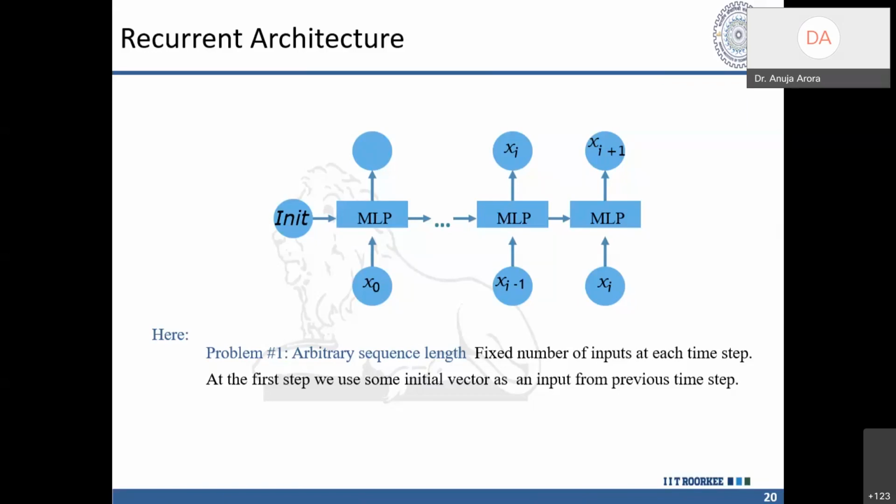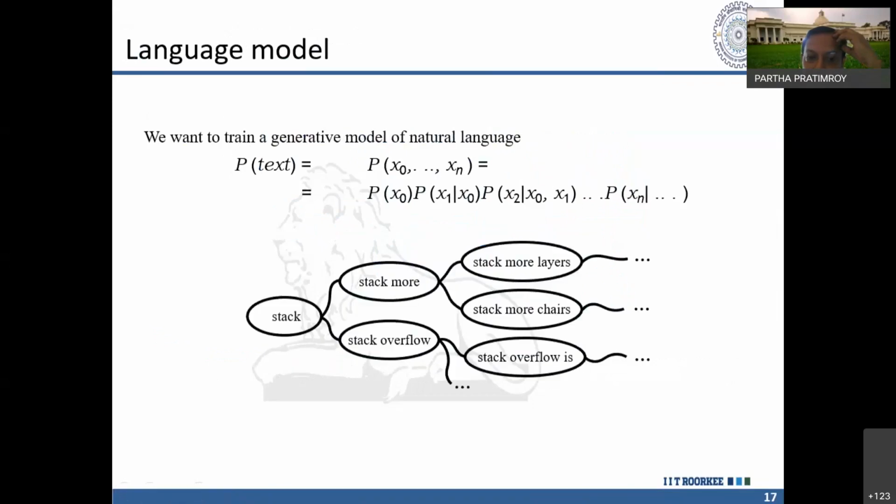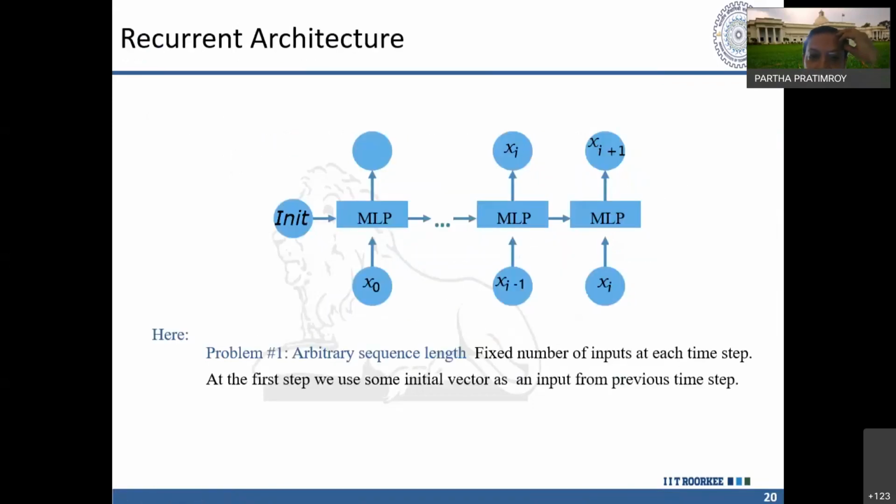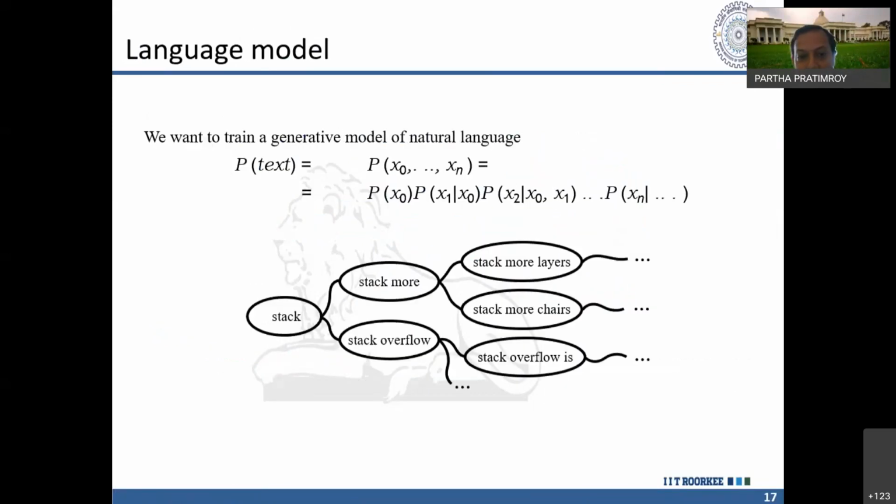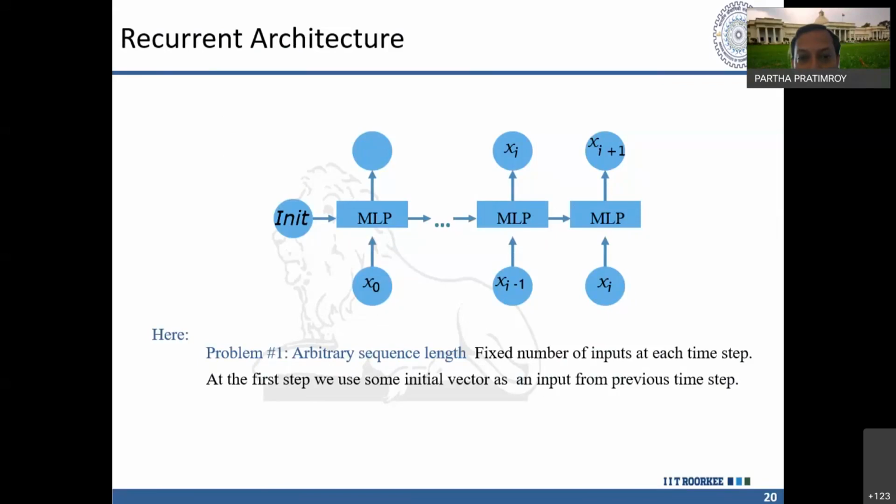Yes, absolutely, you are right. So what we are doing is, we have a multi-layer perceptron. We give it a word, for example we start with stack. In this multi-layer perceptron, for example, you have one hidden layer with two hidden nodes, and it gives you predictions, the probability of two words. It could be more or it could be overflow.